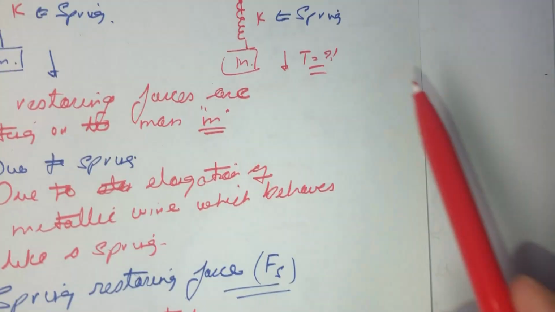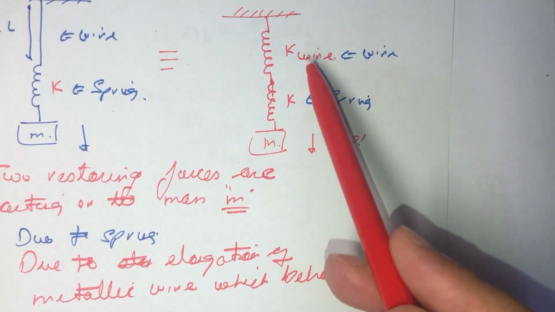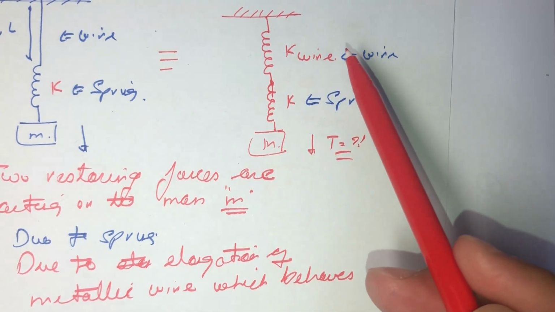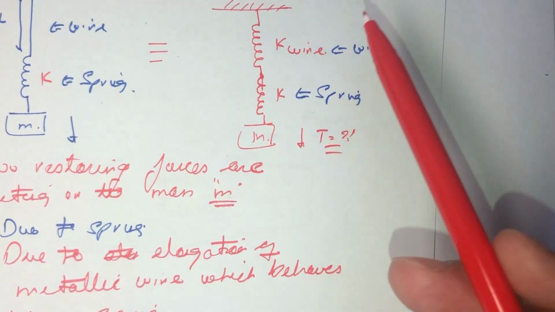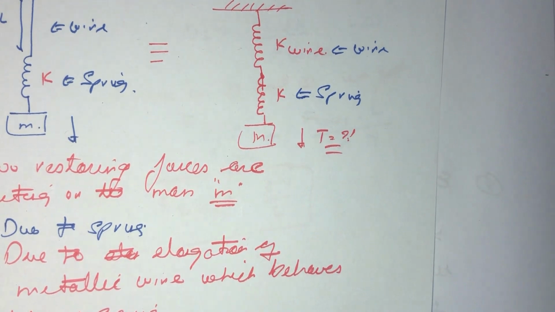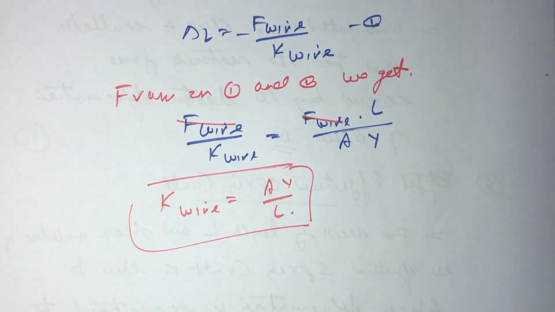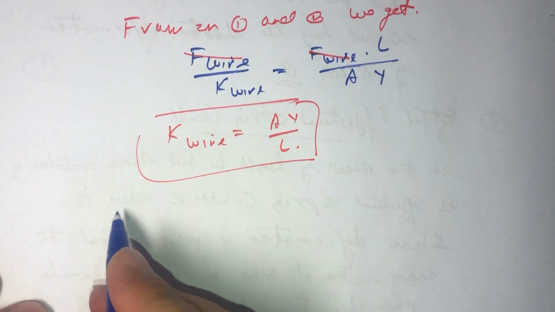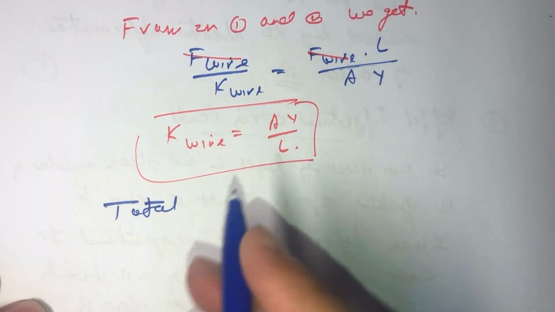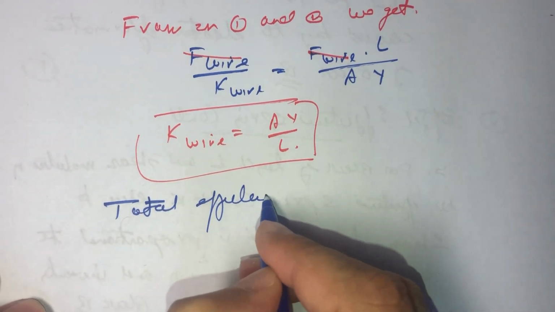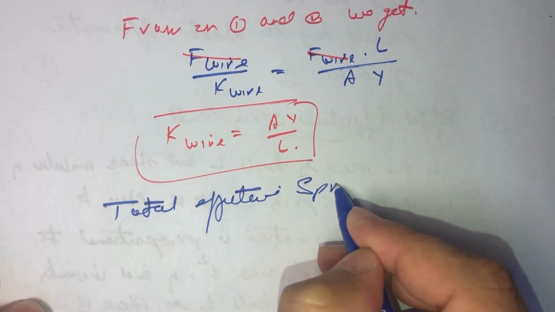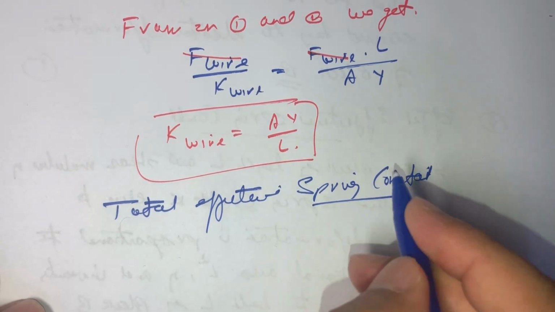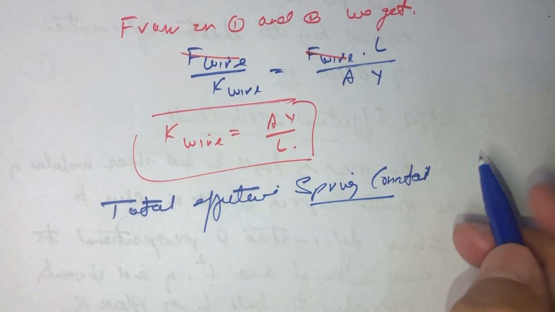Now we know the spring constant of the spring, that is K, and we also know the spring constant for the wire, and these both are connected in series. So we can find out the total effective spring constant, let us call that K effective.